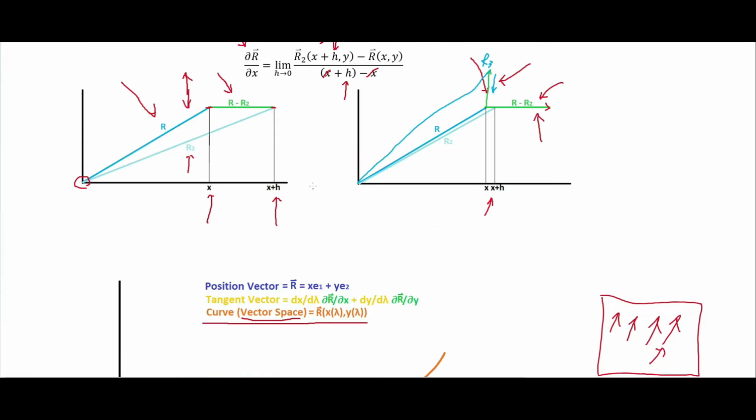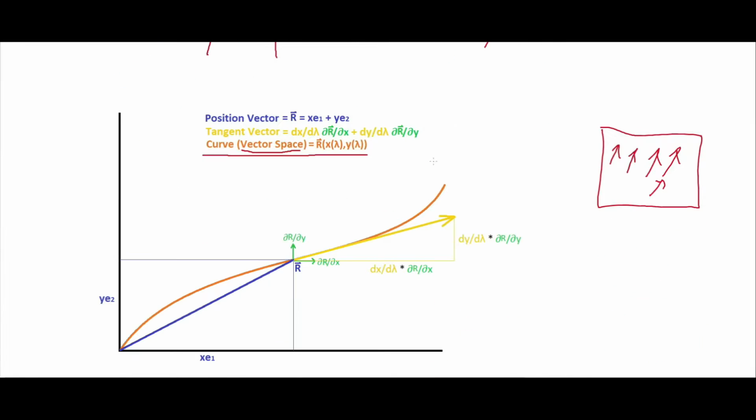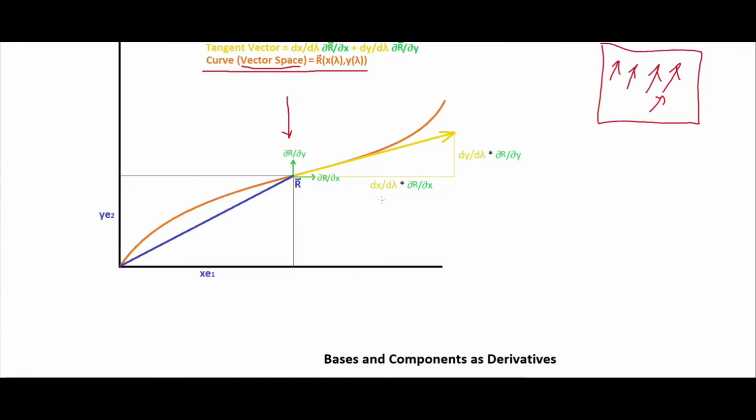But we see these green lines that I had right here become our basis, and so we have this in green as the basis. But then we are also taking the dx, so the change in x as we change lambda, and then we multiply that by our change in position vector with a change in x, and we actually get the x component and the y component of a tangent vector.